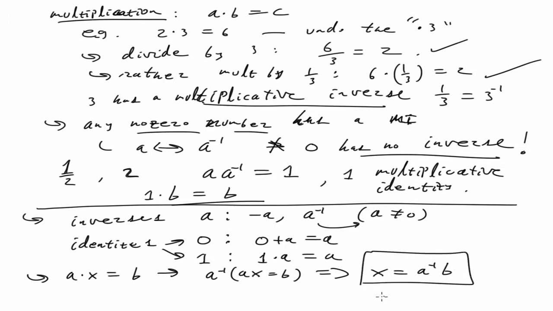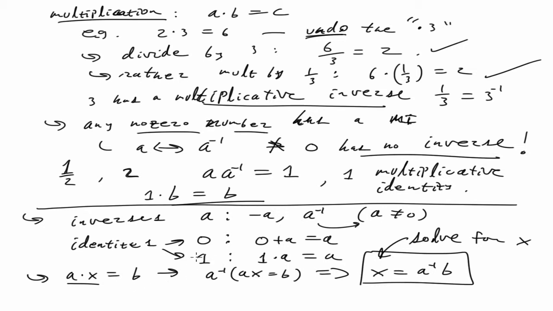And that is a nice result in order to solve for x. And the idea is that you're undoing the operation of a times x in order to uncover x again. And that was the important aspect of undoing or inverting, was that an algebra that has a way to undo an operation can allow you to solve equations.